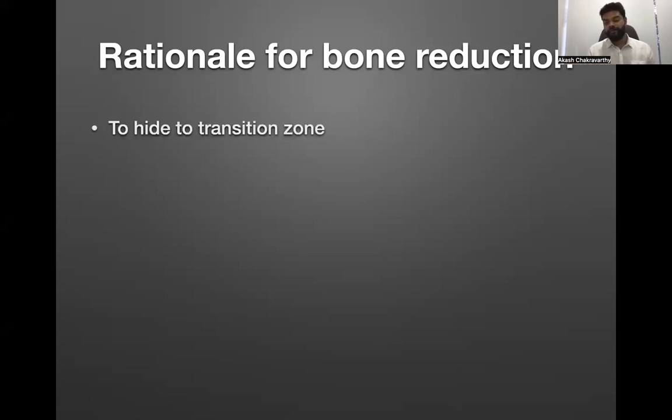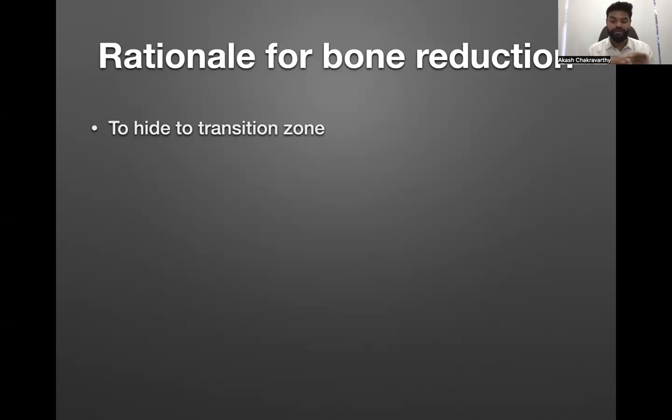So first of all, one of the very important rationales for bone reduction is to hide the transition zone. So when you have a very high smile line like this, and that all comes in the part of case assessment and patient assessment before the planning, you ask the patient to smile, and if the patient is smiling too high, and if you feel that the transition zone of the prosthesis and the gingiva is exposed when the patient is smiling, you have no choice.